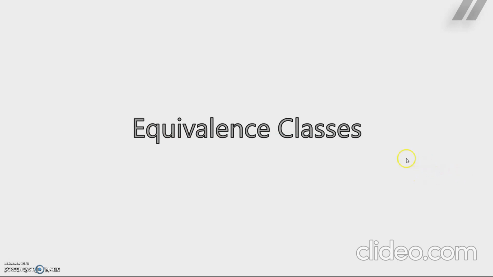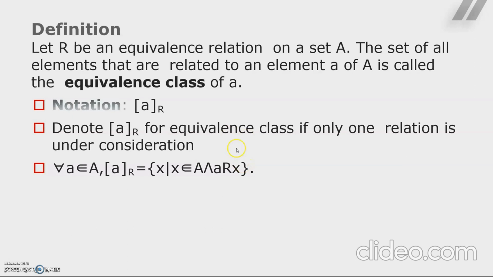The second part, equivalence classes. The definition of equivalence class. Let R be an equivalence relation on a set A. The set of all elements that are related to an element a of A is called the equivalence class of a.